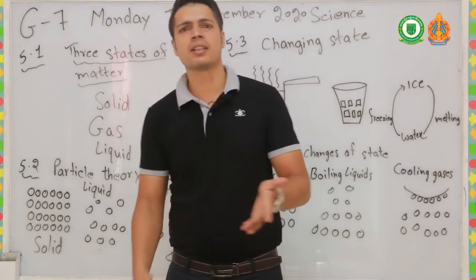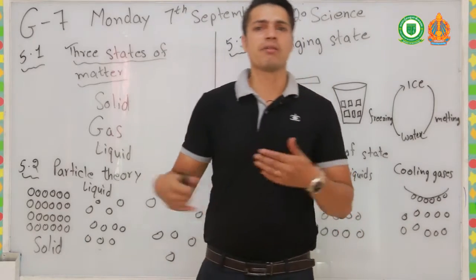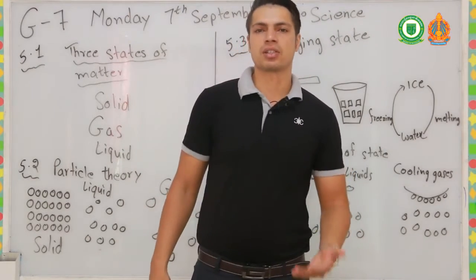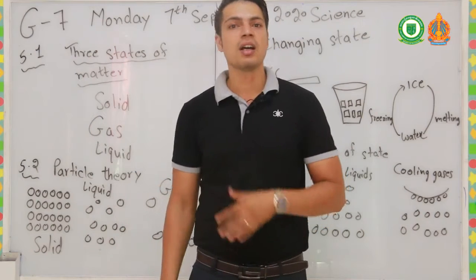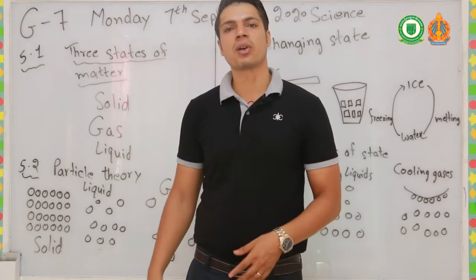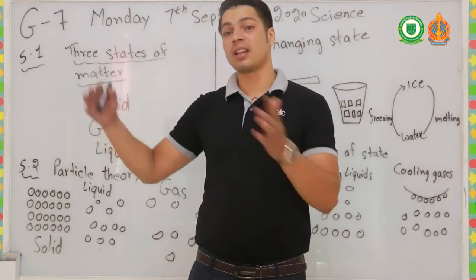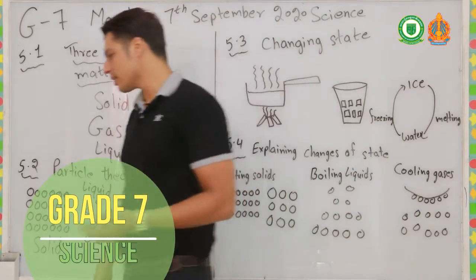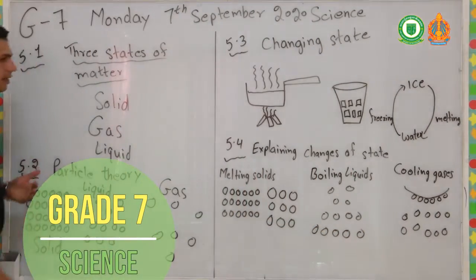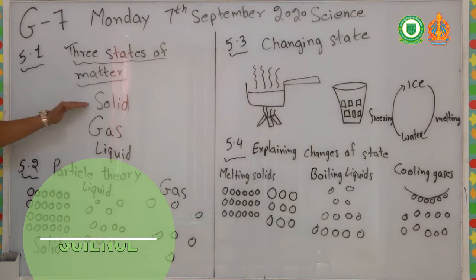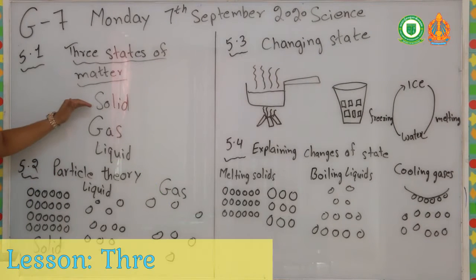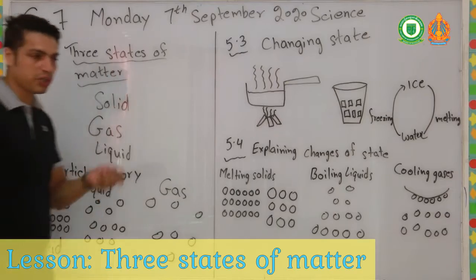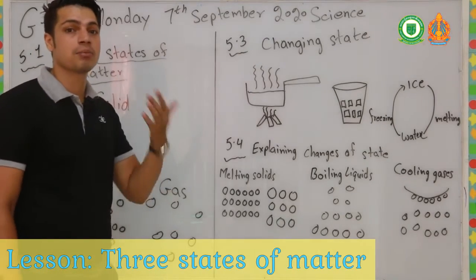Matter is the things that we can see, feel, and touch, like a chair, a book, water, and gases like air, which we can feel. In science, they categorize matter into 3 states. Solid, like wood, table, chairs, books.